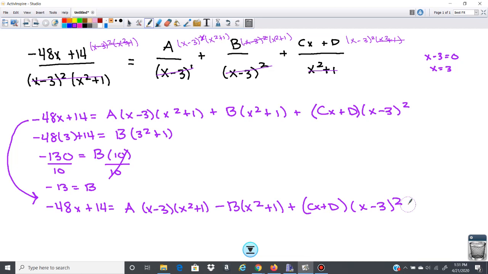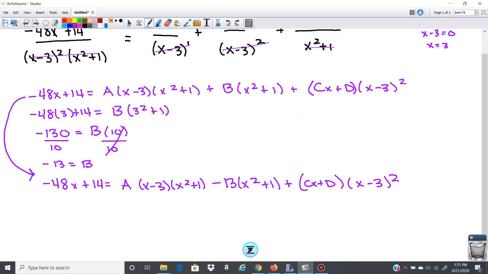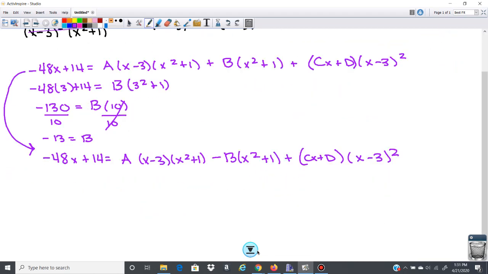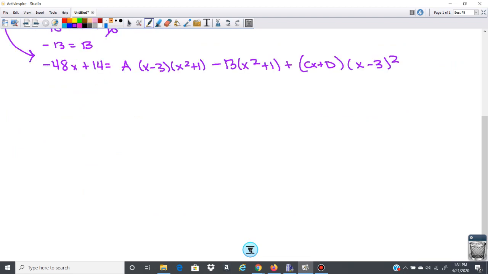All right, now here's where it gets tricky. Since I have nothing else to plug in, I need to equate coefficients. In order to do that, I have to multiply this whole thing out. So this is going to be a long multiplication problem. So let's start doing that.